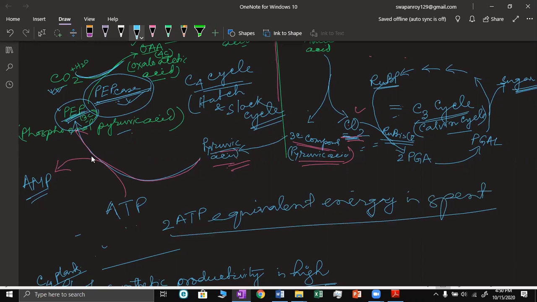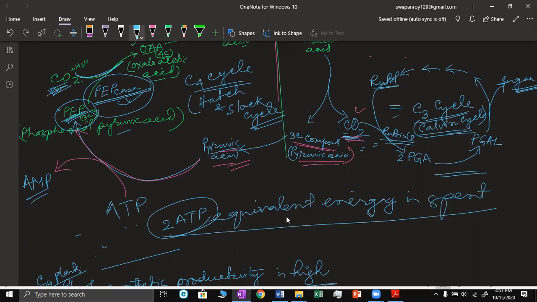So here in the C4 plant, the expenditure of glucose or the carbohydrate production is high. It means for every carbon dioxide molecule transported to the site of carbon dioxide reduction, it requires an additional 2 ATP energy.